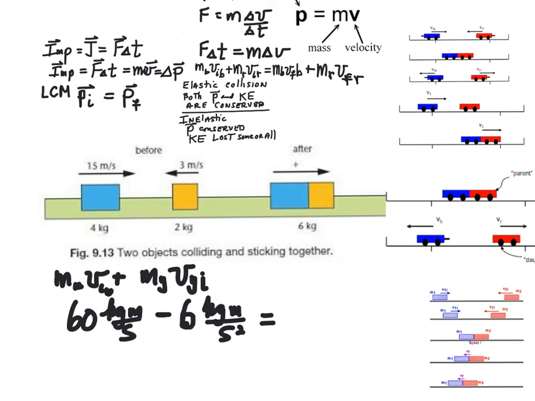But the final momentum, notice both carts are together now. So the final momentum will be the mass of both carts, the blue and the yellow, times the final velocity. And there's just one final velocity because they're stuck together. So we have 6 kilograms times the final velocity.